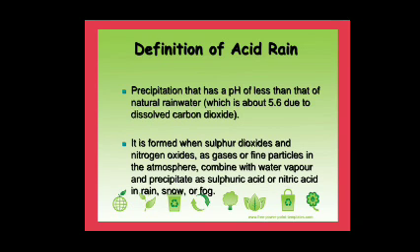Definition of acid rain. Precipitation that has a pH of less than that of natural rainwater, which is about 5.6 due to dissolved carbon dioxide.